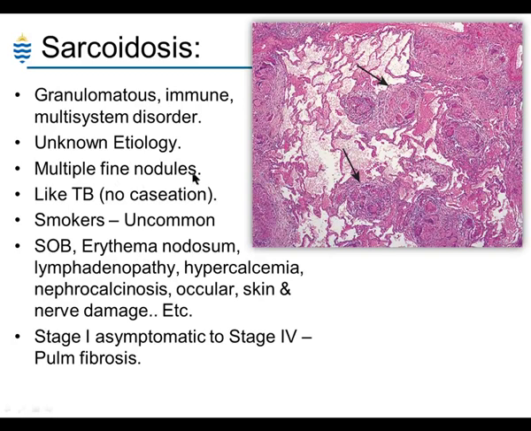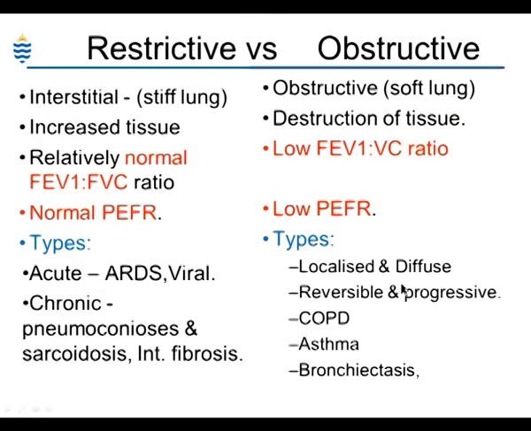Multiple fine nodules, presents like tuberculosis without caseation. It is unusual in a smoker, so probably this is one good thing if you are a smoker. You will be dying of many other things, of course. You will not die of sarcoidosis.